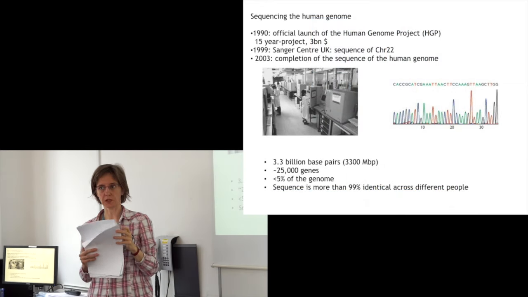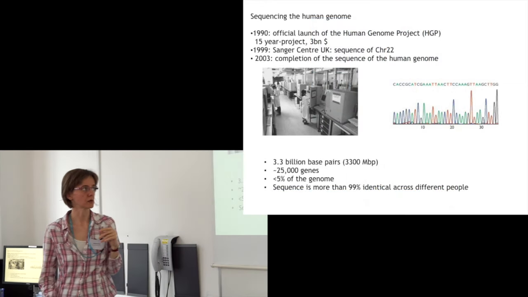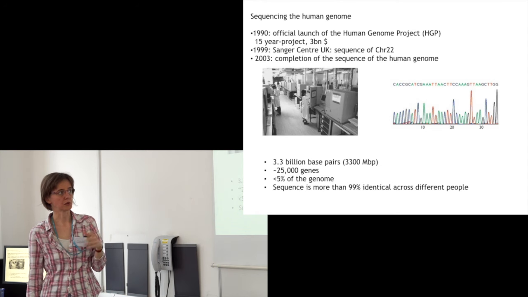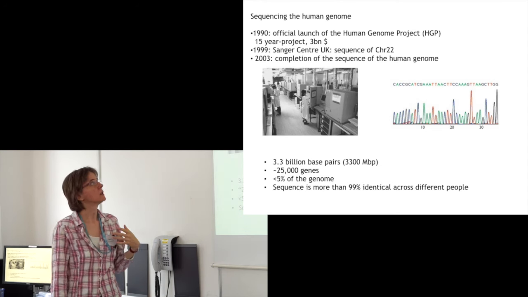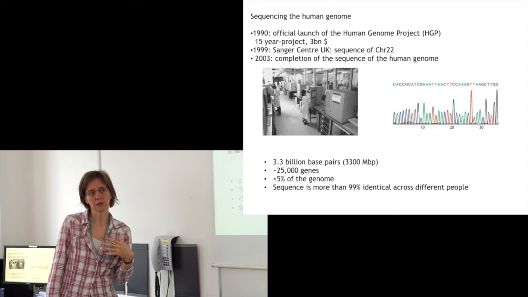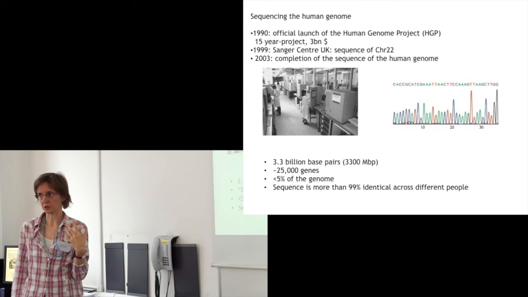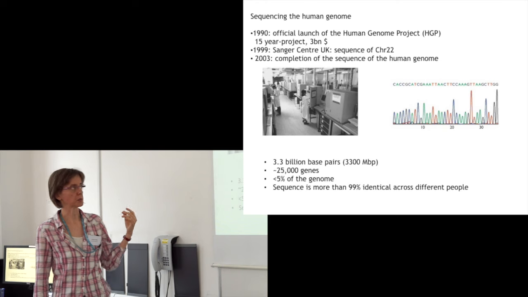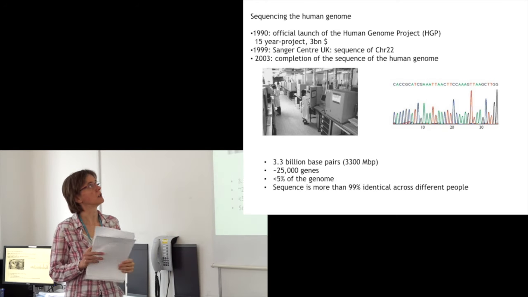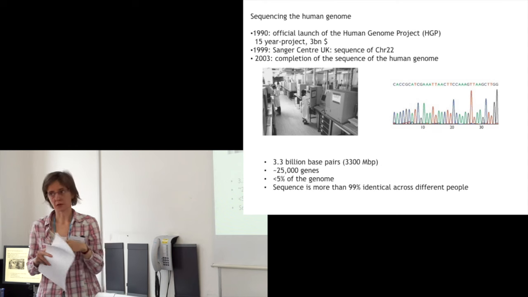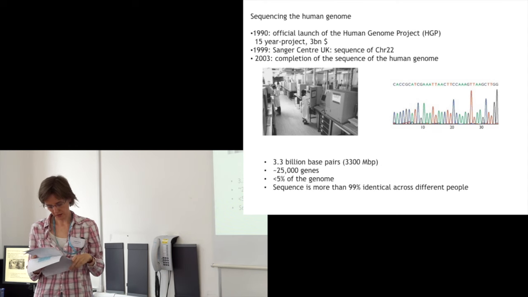Individual gene sequences have been published after the discovery of the DNA for many, many years, but there was a need for putting this into the context of the whole genome, and that's when the Human Genome Project started in 1990 to sequence the whole human DNA.